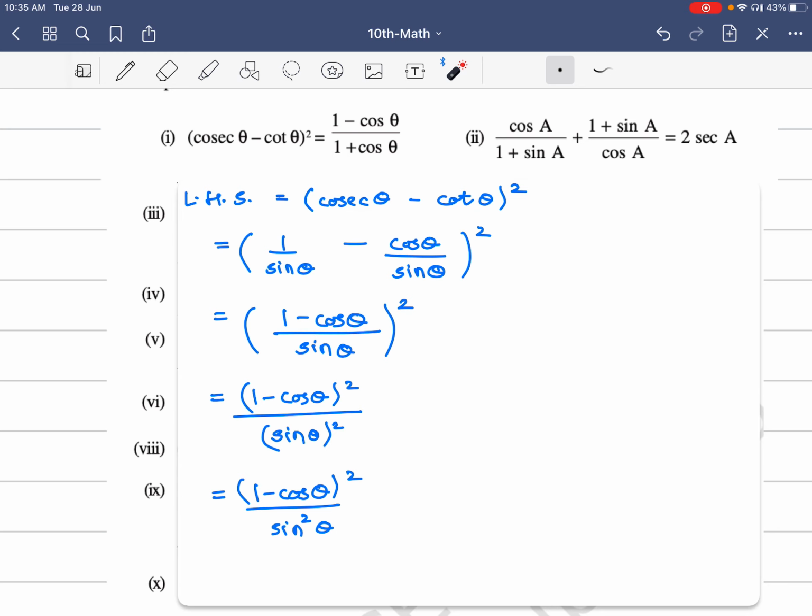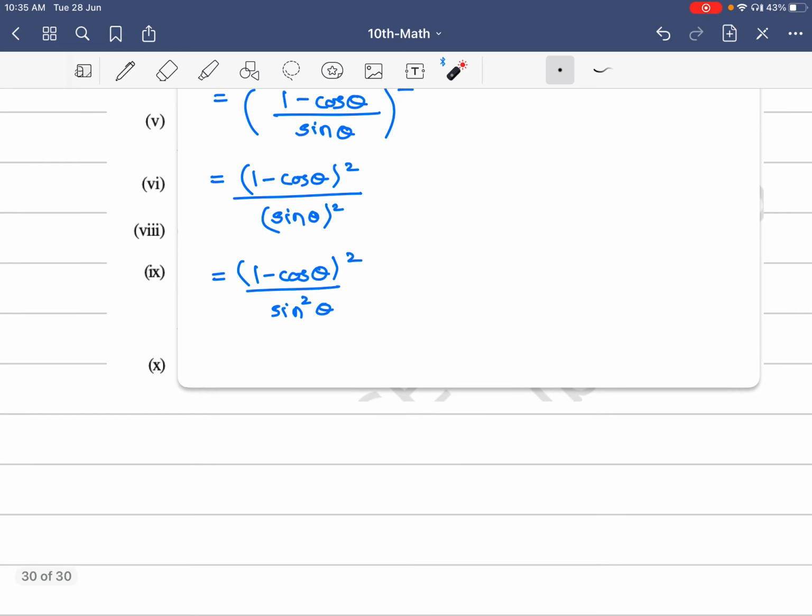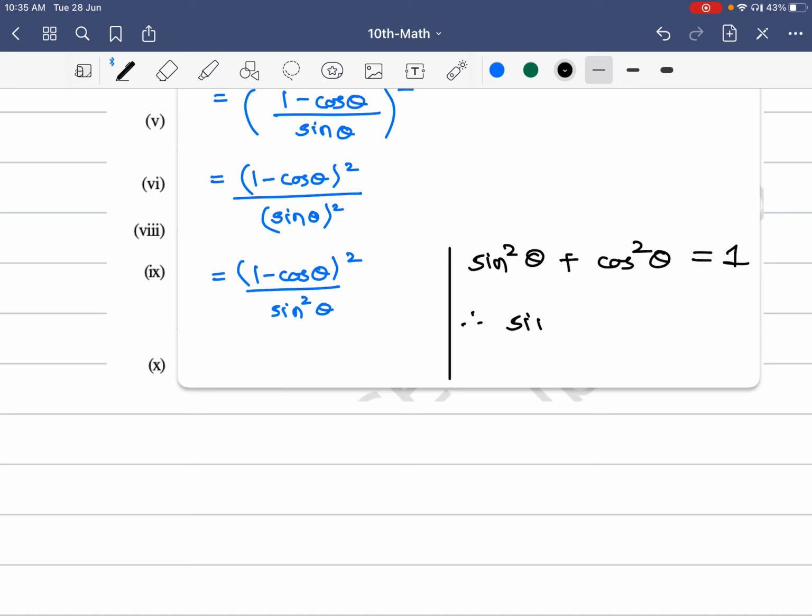Thinking in that direction, we are first going to use a very basic identity, which is sine square theta plus cos square theta is equal to 1. Therefore, from this identity, sine square theta is equal to 1 minus cos square theta.